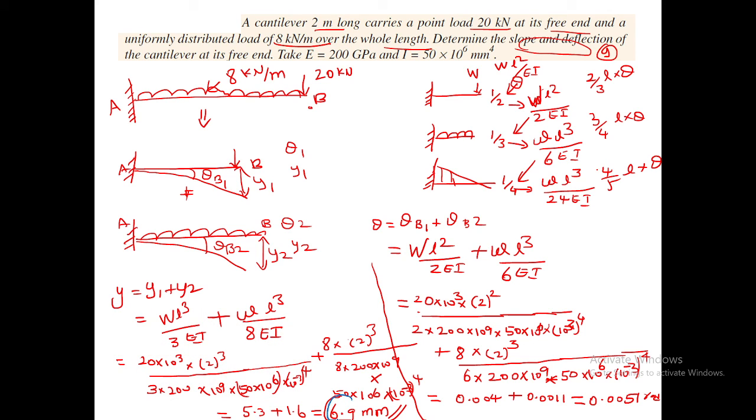So 6.9 mm is the deflection and 0.0051 is the slope. This is one simple shortcut.